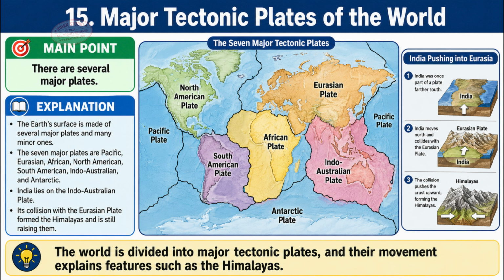The 7 big plates are the Pacific, Eurasian, African, North American, South American, Indo-Australian, and Antarctic. India sits on the Indo-Australian plate, whose northward push into the Eurasian plate raised and is still raising the Himalayas.